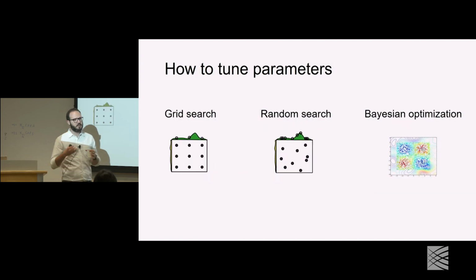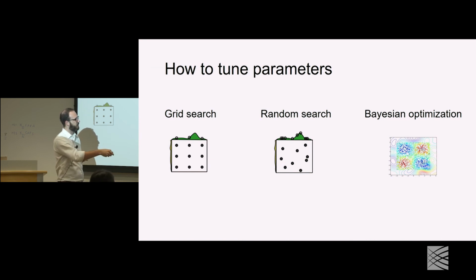There seems to be a consensus on how to tune parameters in the community. There are three approaches that people typically use. One is to use a grid search. Let's say you have parameters A and B on this plot here. A is this parameter, B is this parameter, and this is how the loss reacts with respect to changes of one or the other.